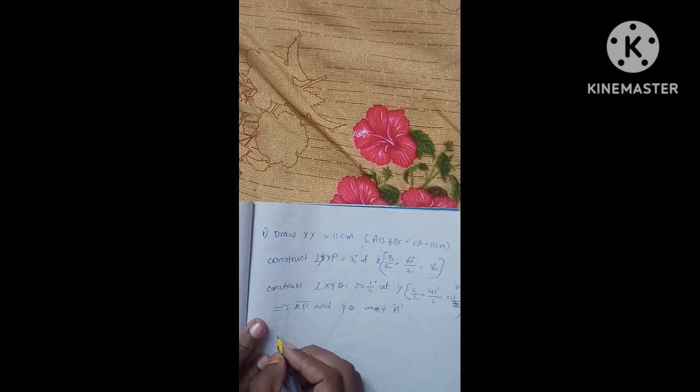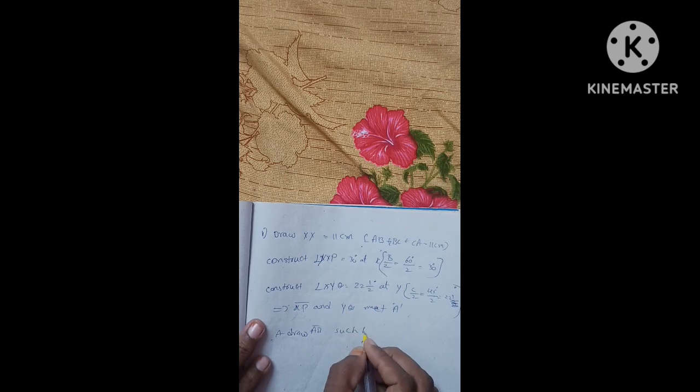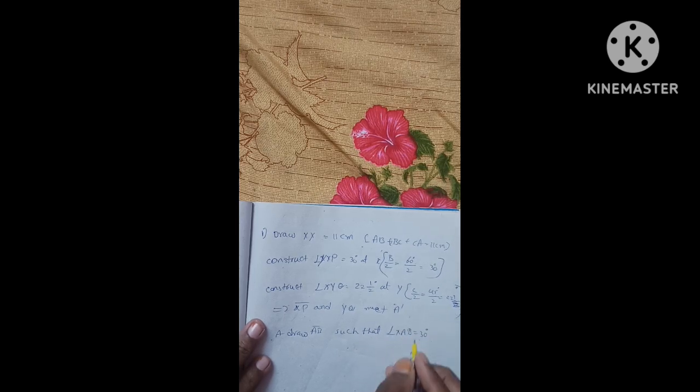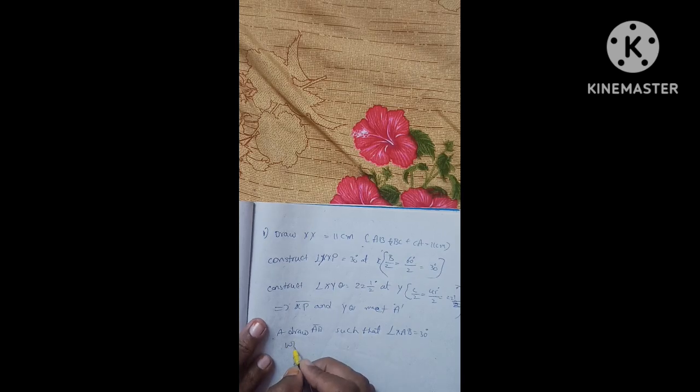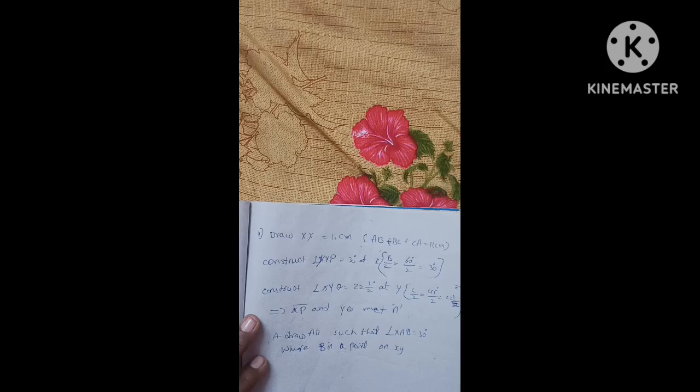Okay, at A draw AB such that angle XAB is 30 degrees, where B is a point on XY.